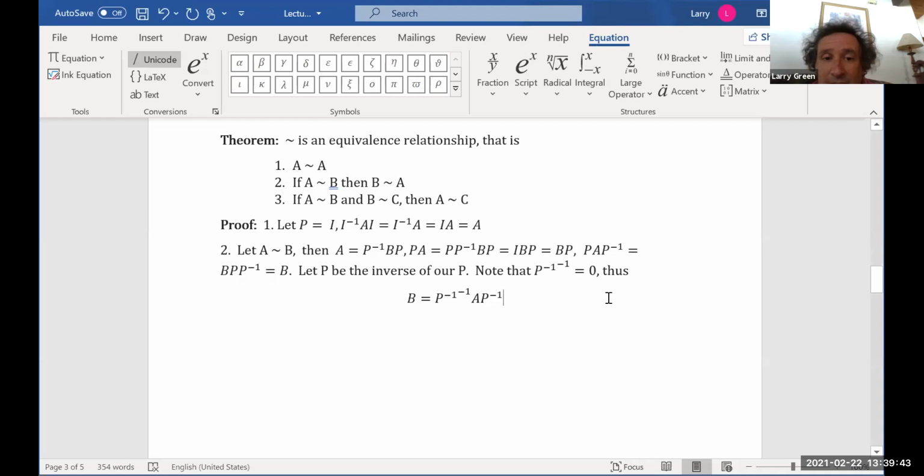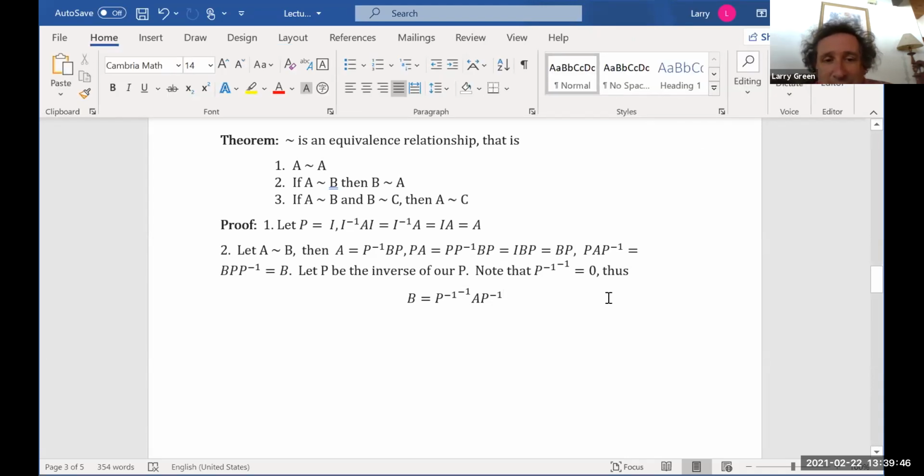And now I got it written right. So I have now B is the inverse of a matrix times A times the matrix, where the matrix is P inverse. Anyone lost on that, on number 2?